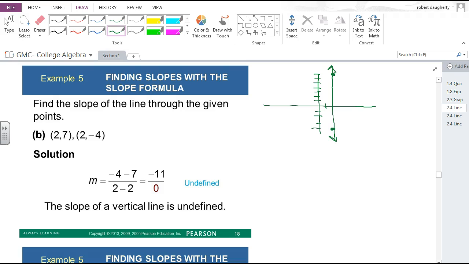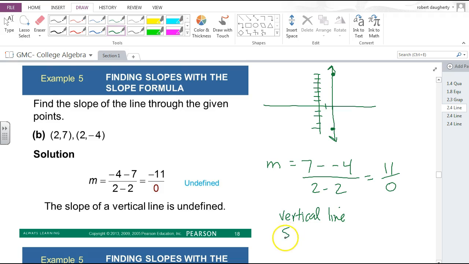The slope is going to be the change in y, so that's 7 minus negative 4, over the change in x, 2 minus 2. So this is 11 over 0, and 11 over 0 is undefined. So this is a vertical line, and for a vertical line the slope is undefined.